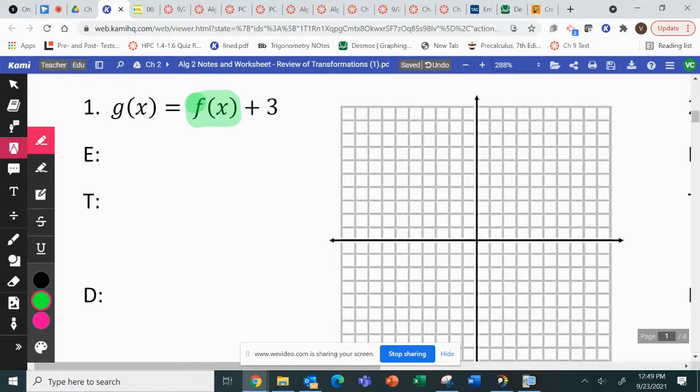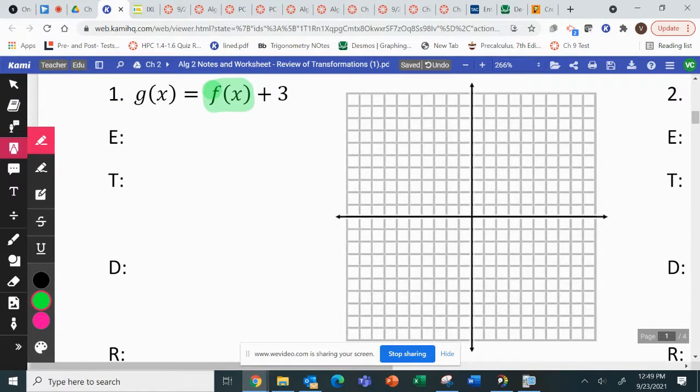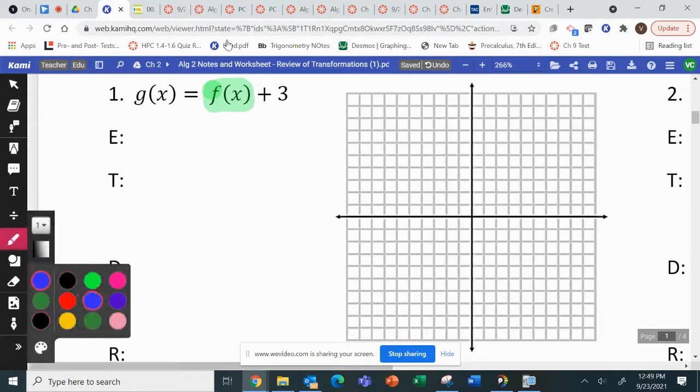So I'm going to do it with you to begin with, and then I'm going to stop the video while you do a lot of it on your own. But the parent function, the points are on yours above if you need it, but I'm just going to say them like 0, 0, 1, 1, 2, 4, 3, 9, because those are perfect squares.